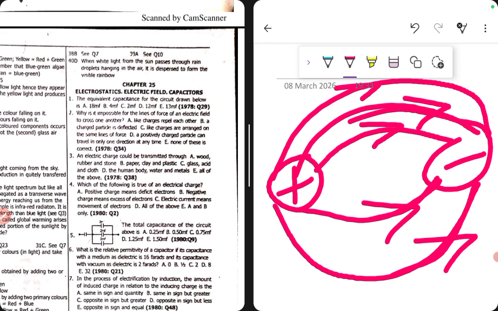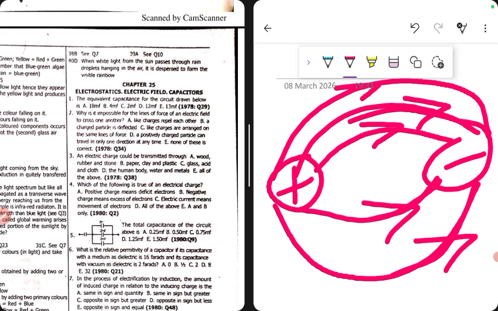Now, what is the reason? What do we think the reason is? From what I just said, we can get our answer. A says, like charges repel each other. That's not really the reason why, because like charges are not talking about the lines of forces. B says a charged particle is deflected. We didn't talk about any deflection.